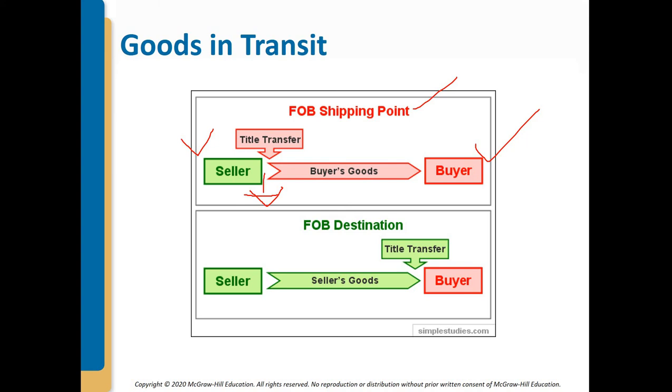So the goods that are in transit should be owned by the buyer. In the case of free on board destination, the ownership, meaning the title, is transferred to the buyer as soon as the goods arrive at the buyer's destination.